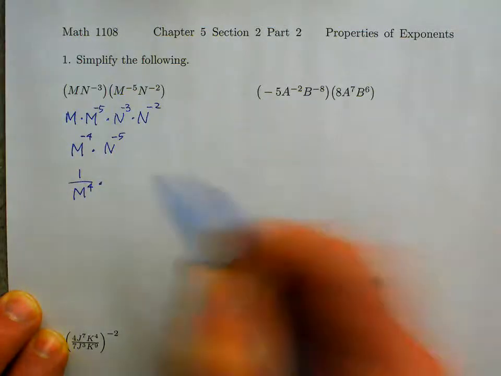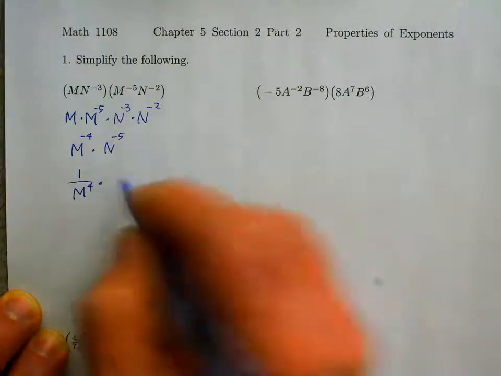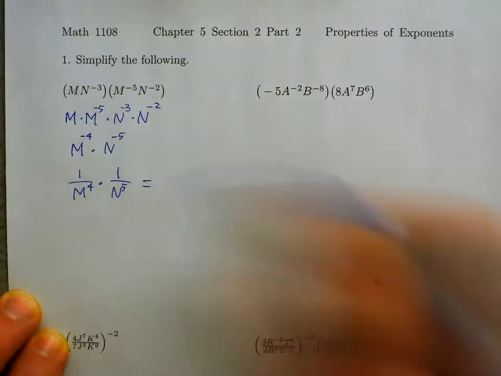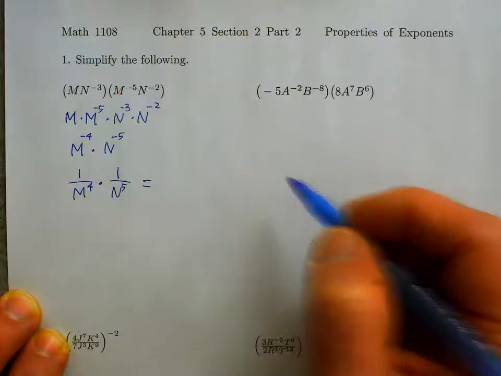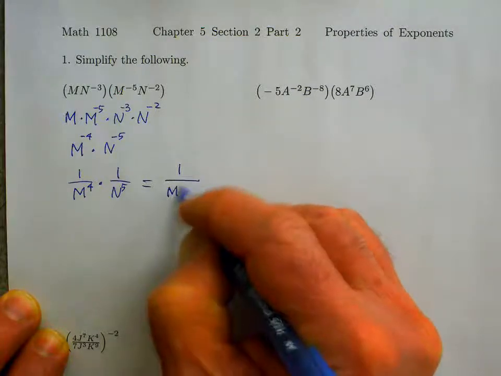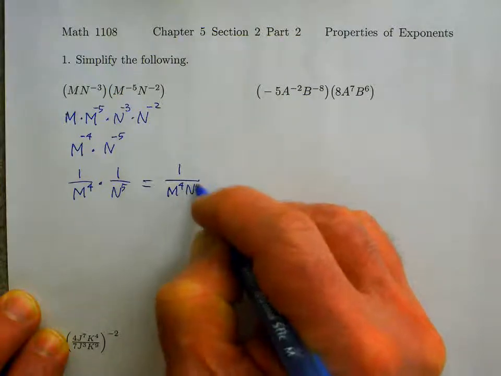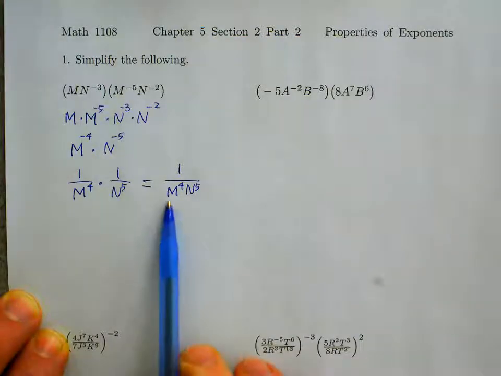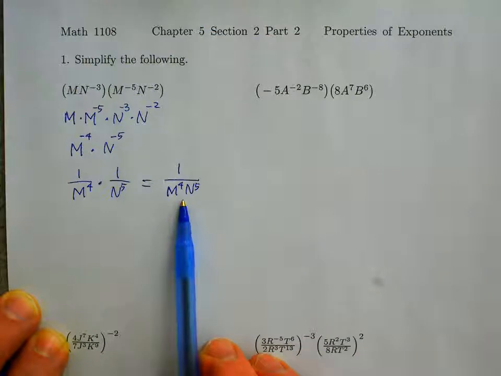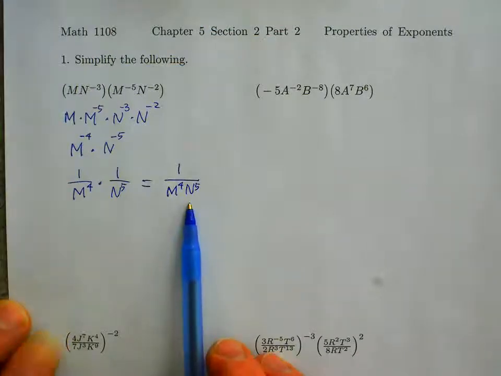And we multiply that by 1 over n to the positive 5. And then multiply those together, we get 1 over m to the 4th times n to the 5th. Since the variable bases are different, we cannot simplify any more than that. That's as far as we can go.